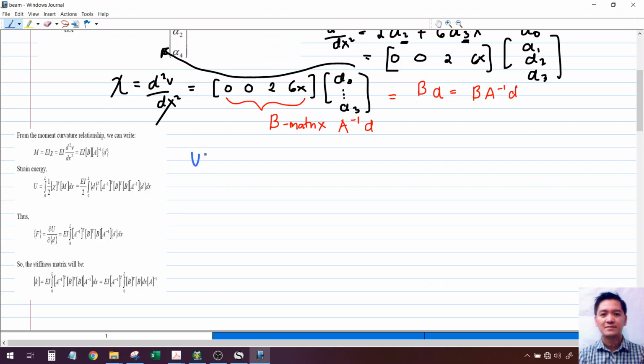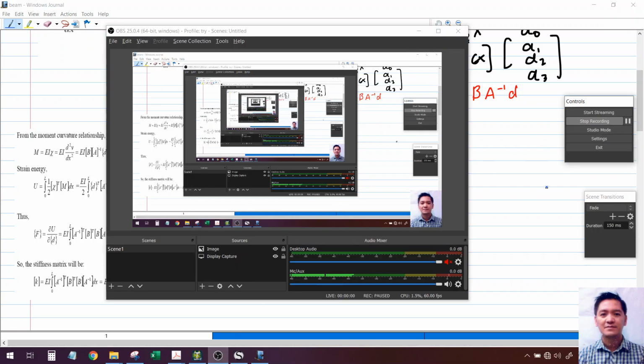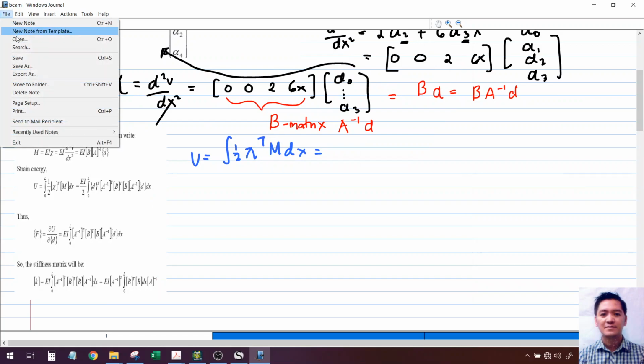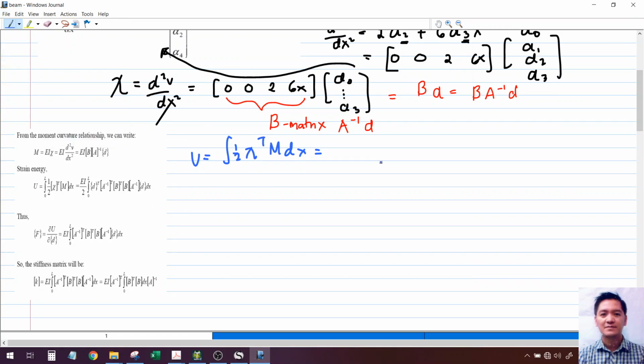Okay, so U equals 1/2 transpose M dx. But M is EI, the curvature. Okay, but what is M, di ba?